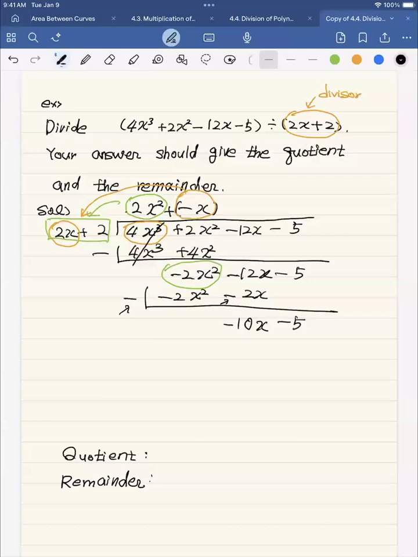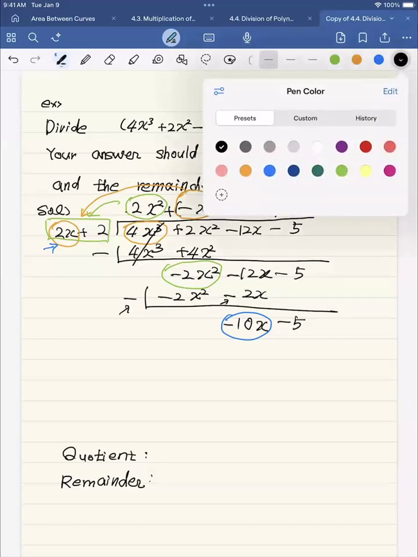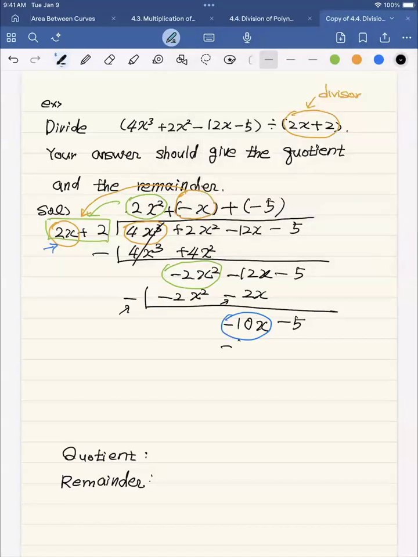Lastly, we compare this one with 2x. Obviously, we have to multiply by -5, so let's write plus -5 here. Then this one will become -10x minus 10.